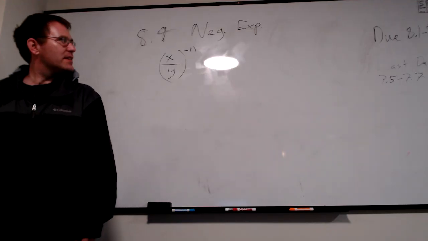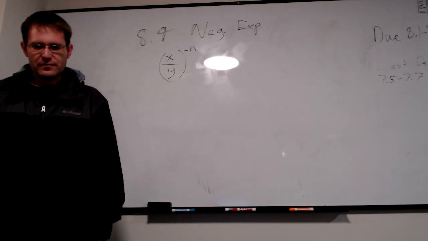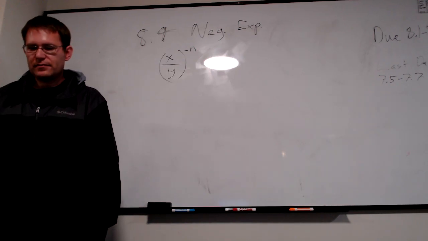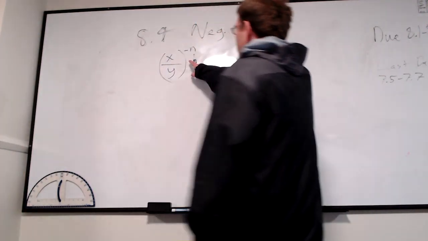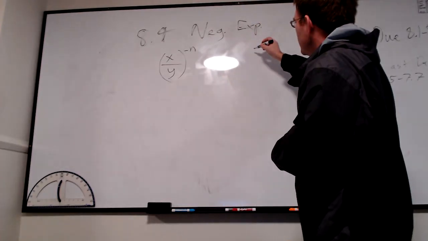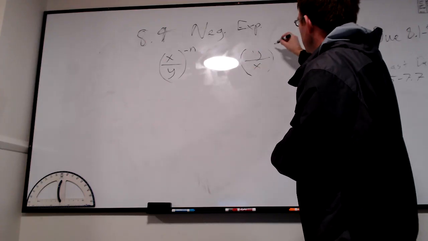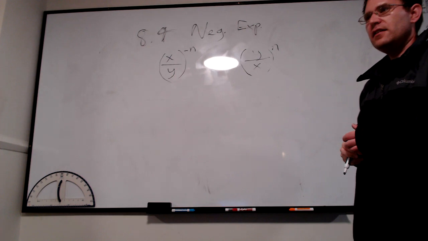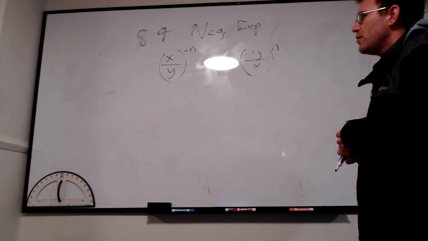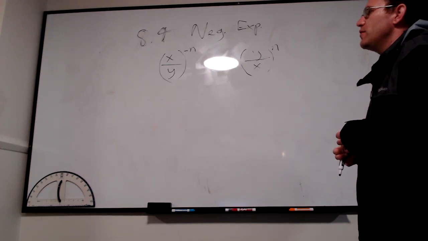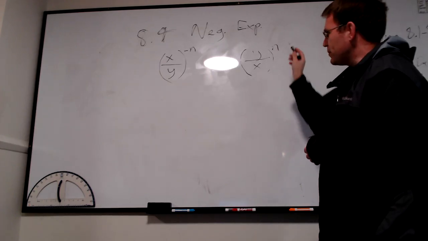X over y to the power of n... wait, hold on. So we're going to do a reciprocal again. So it's going to be y over x to the n. Kind of like how we had the one, instead of having the base over 1, we switched it to 1 over the base. So we're doing a similar kind of thing here. You just flip them and then take them to the power.